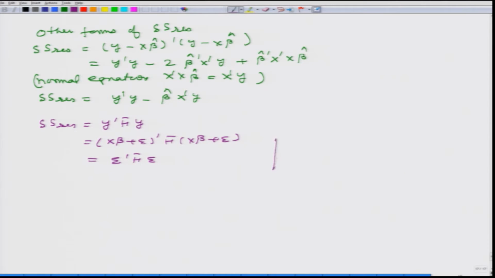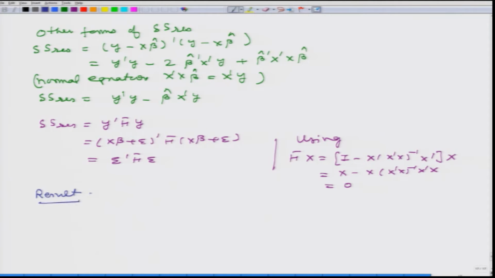Here we have used the result that h bar x is I minus x, x transpose x whole inverse x transpose, times x, which is x minus x, x transpose x whole inverse x transpose x. So this comes out to be a null matrix. Using this, we obtain an alternative form of the sum of squares due to residuals.